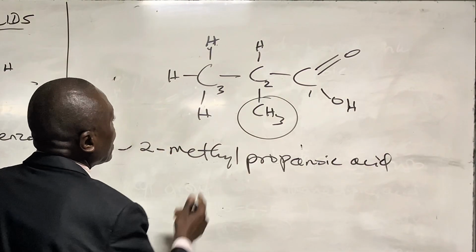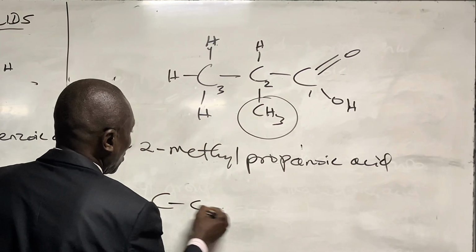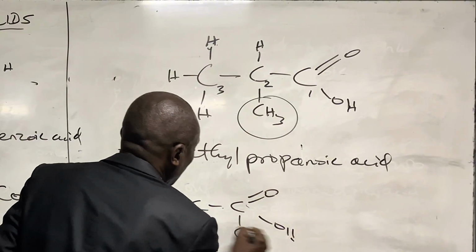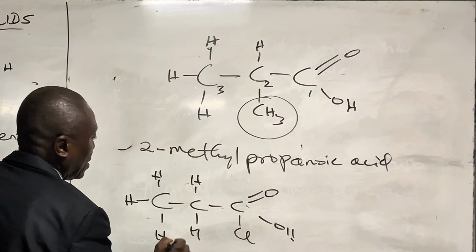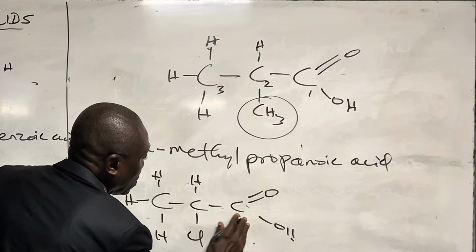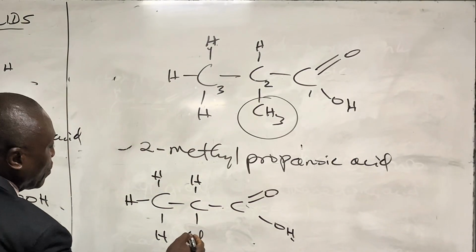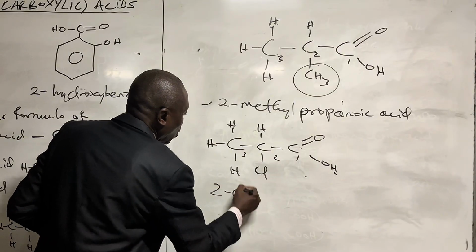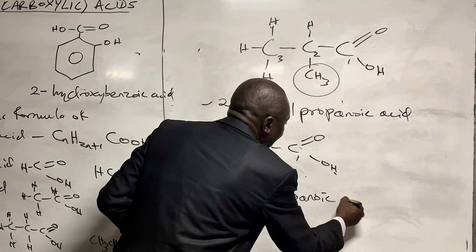Now, if the substituent is not methyl, assuming it's chlorine, so assuming we have chlorine here on position 2, the name of the compound will be 2-chloropropanoic acid.